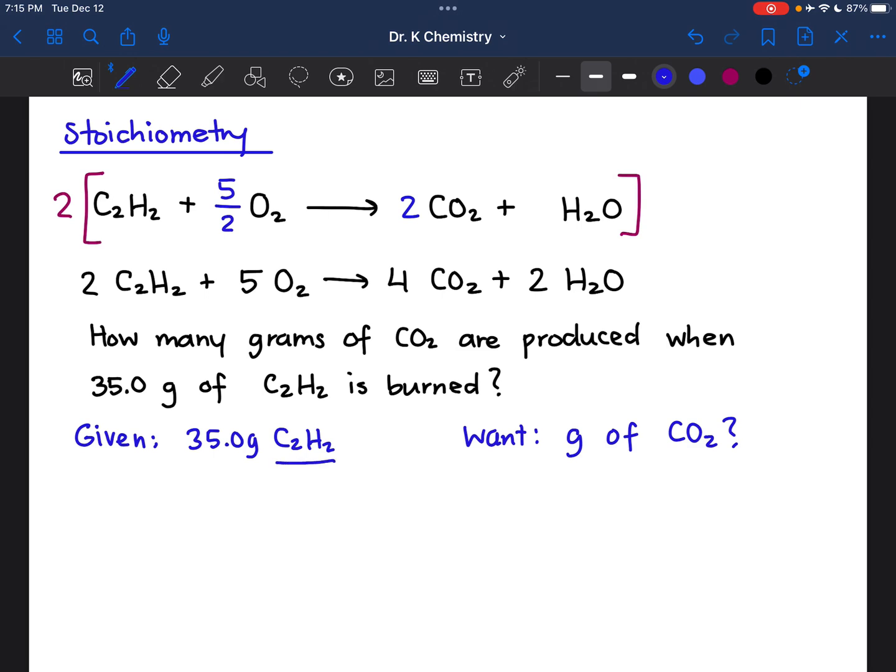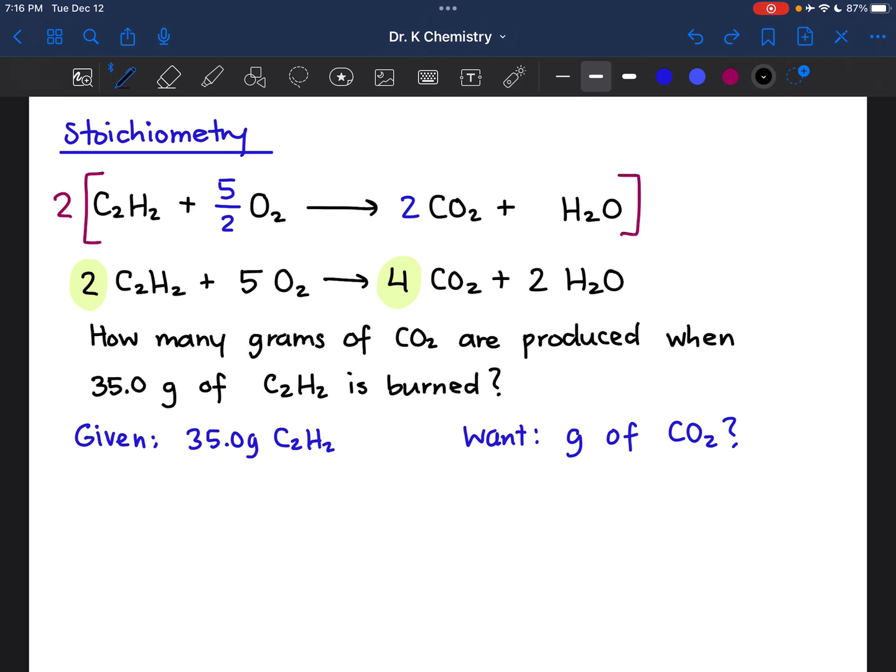Now, we don't have a direct conversion from grams of C2H2 to grams of carbon dioxide because those have different masses. But we can establish a molar relationship between those compounds by looking at the coefficients in the balanced chemical equation. And since this problem is not specifying the amount of oxygen that's present, we're assuming that we have an excess of oxygen that allows this reaction to go to completion.